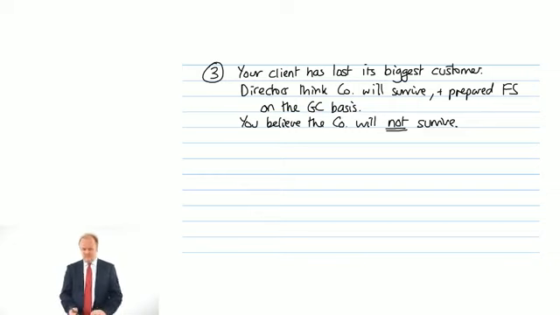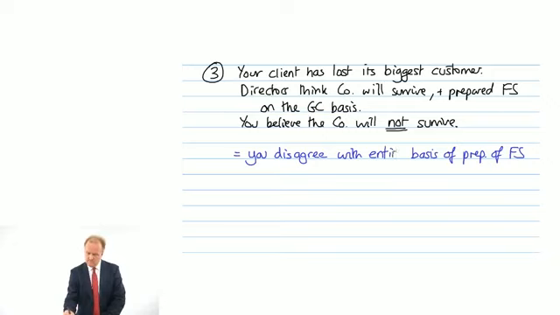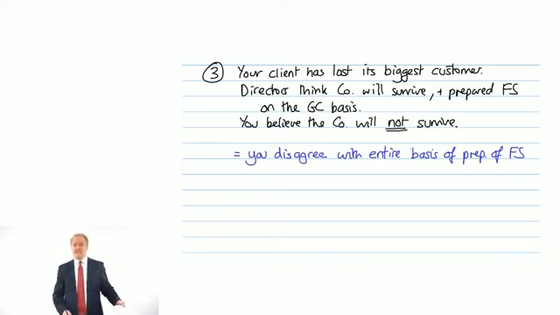Well, if you don't think this company will survive, it means that you are disagreeing with the entire basis of preparation of the financial statements. You're not just disagreeing with one number or two numbers, you're saying the way these accounts have been put together is just the wrong way.